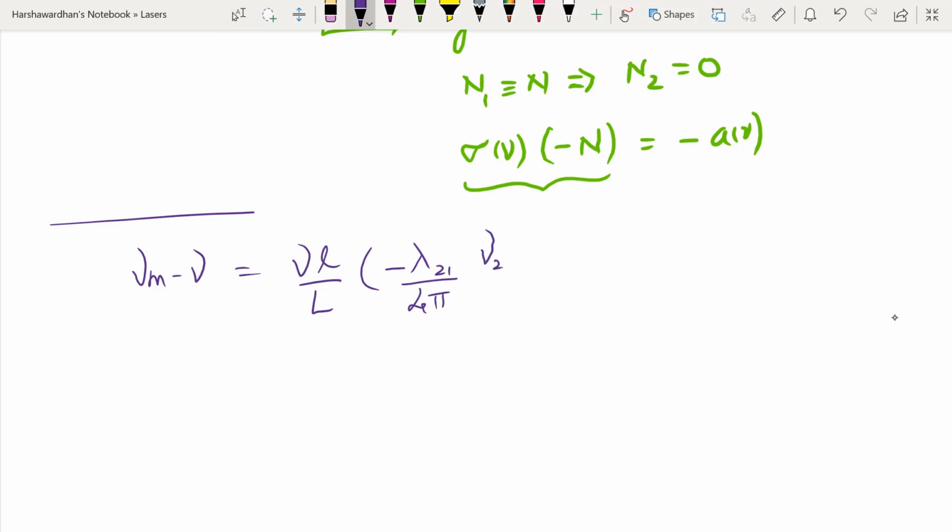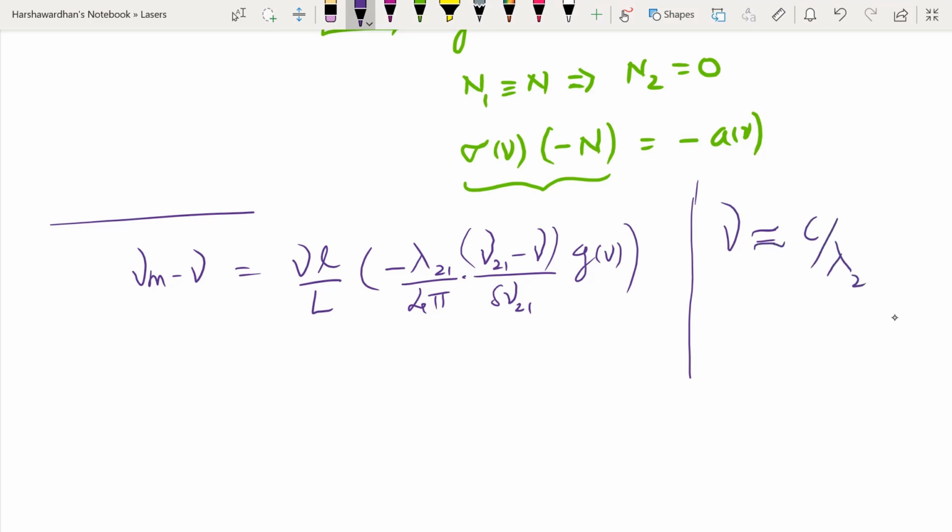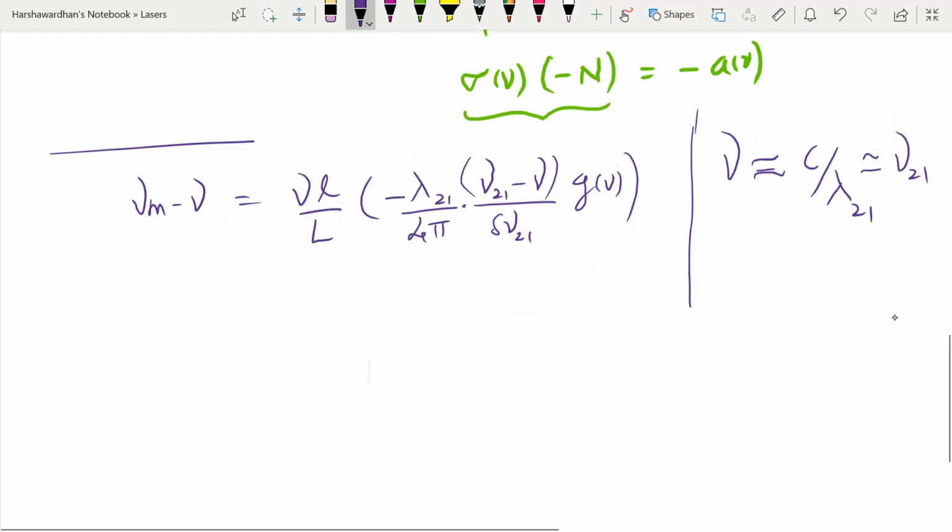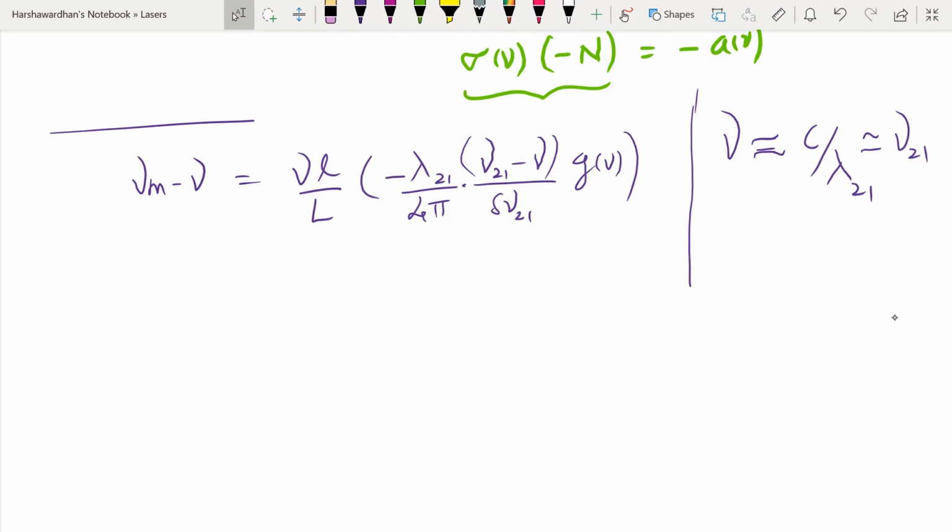Then you have (nu_21 minus nu) by delta nu_21 times g of nu. We will quickly recognize that nu is quite close to c by lambda_21, right? Nu_21 is exactly that, which is quite close to it.